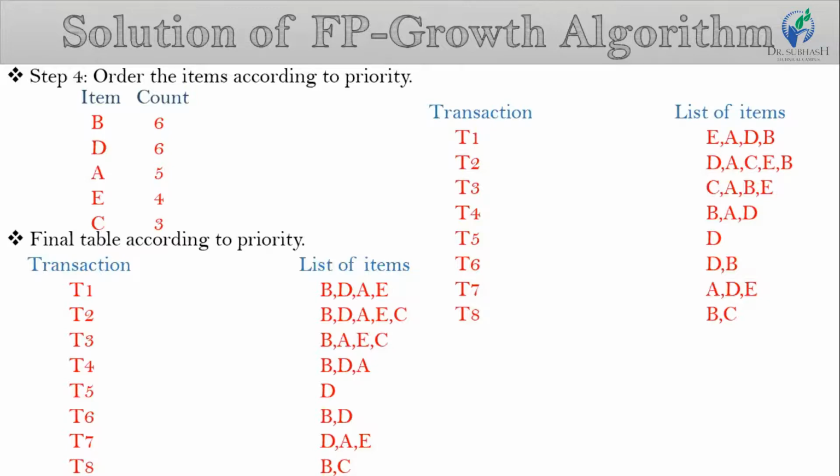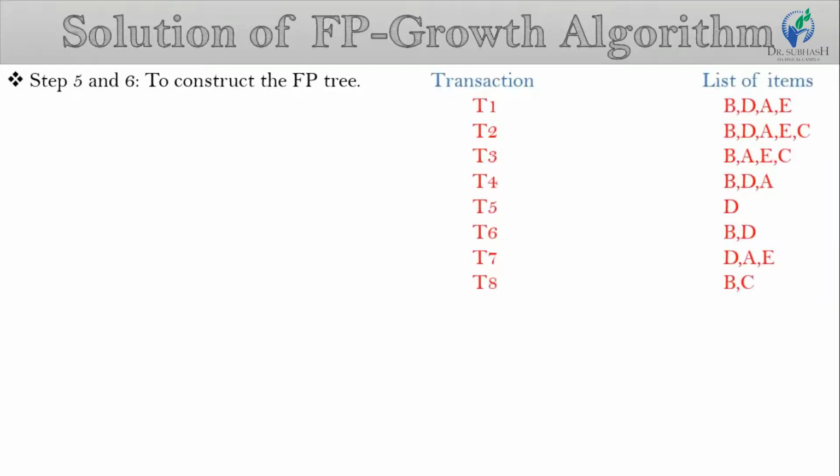Now I explain the combination of our step number 5 and 6 to build the FP tree. Now see our original table. Based on that, we create an FP tree. For the first transaction, we consider the root node null.